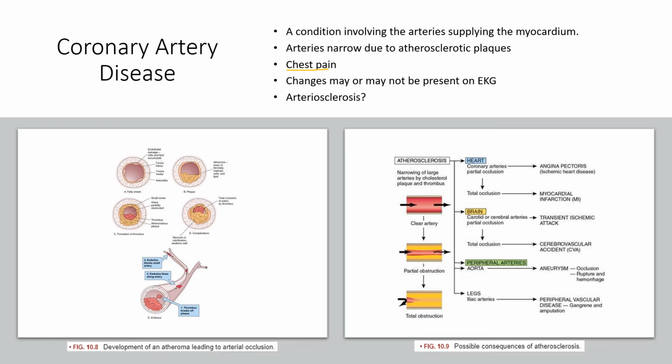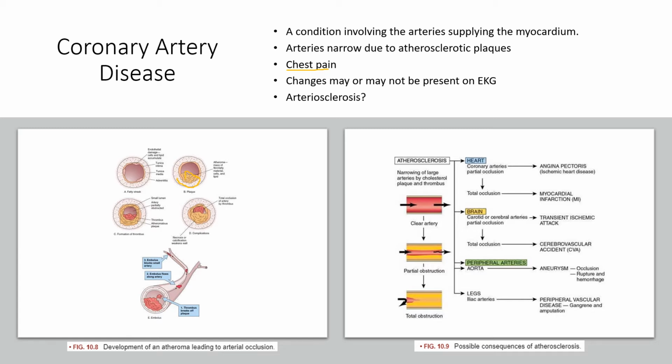The patients can describe the chest pain in many different fashions. They could say that they feel this burning, this squeezing, this crushing pain. They may have pain radiating to the arm, the left arm specifically, the neck, or even the jaw. You may even see nausea and vomiting in some patients. But the way this pathology actually works is because of the atheromas that actually develop, these plaques down here.